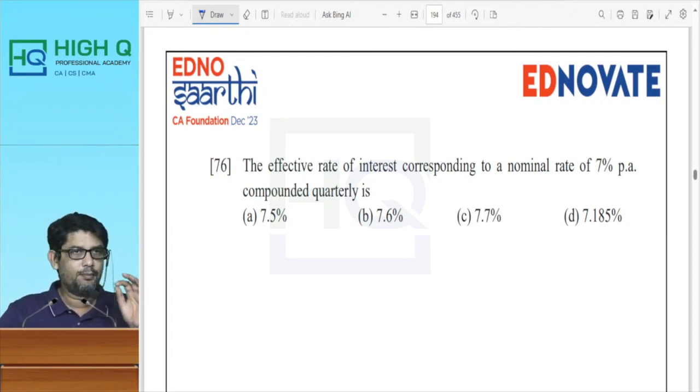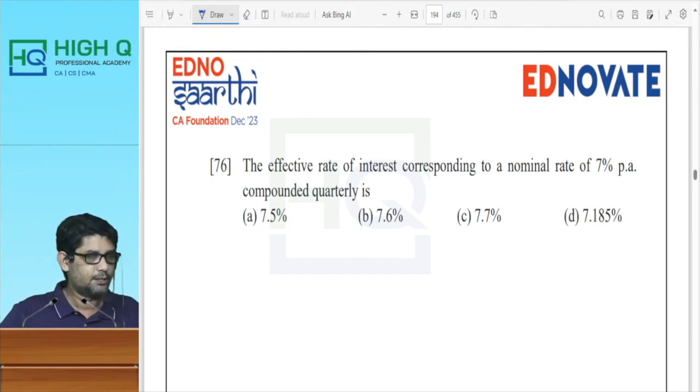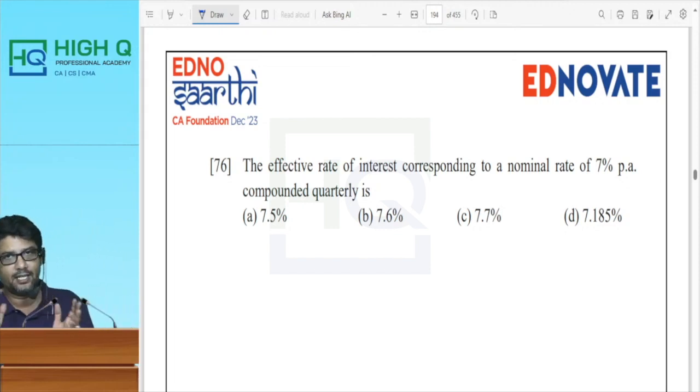See, always remember one thing. To crack CA exams, especially Foundation or Inter, any level you take, final let us keep aside, as far as CA Inter and Foundation are concerned, only lecturing is not going to help. System will help you to give the results.